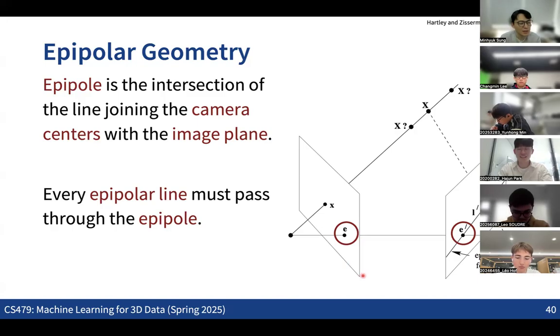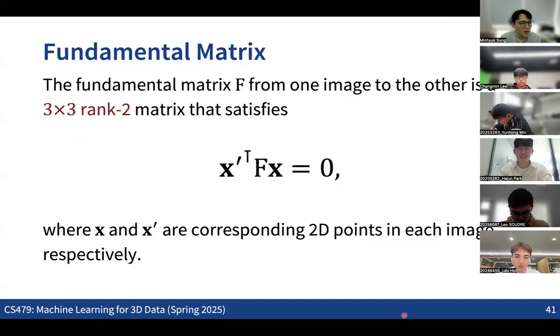So based on this definition of the epipolar lines and the epipole, we are also going to define the fundamental matrix. The relationship between the corresponding points in the first image and the second image will be represented with a 3x3 rank 2 matrix. Let's forget about the rank for now. We are going to find a matrix F that satisfies this for the corresponding points represented with homogeneous coordinates.